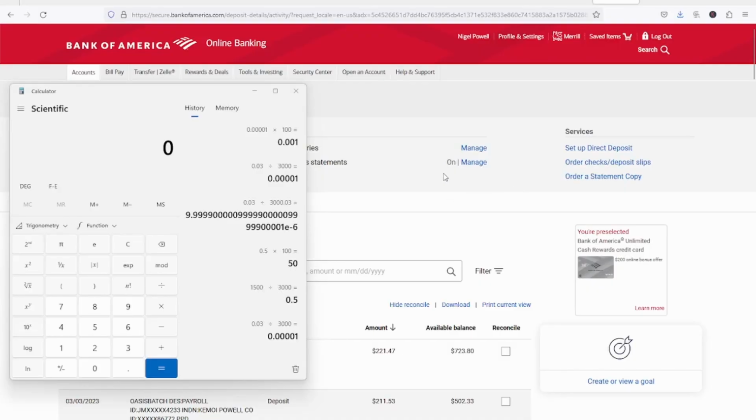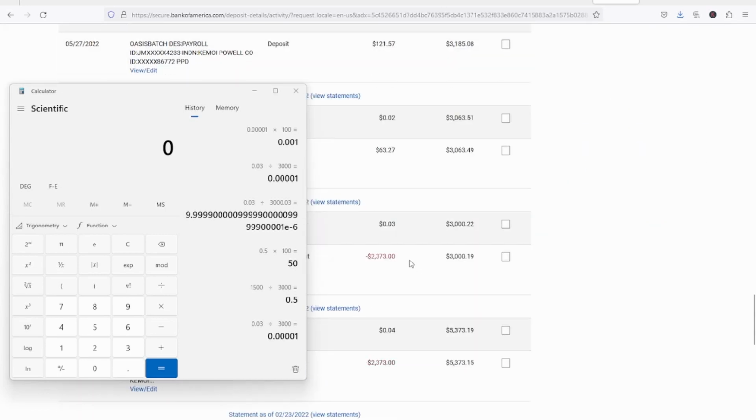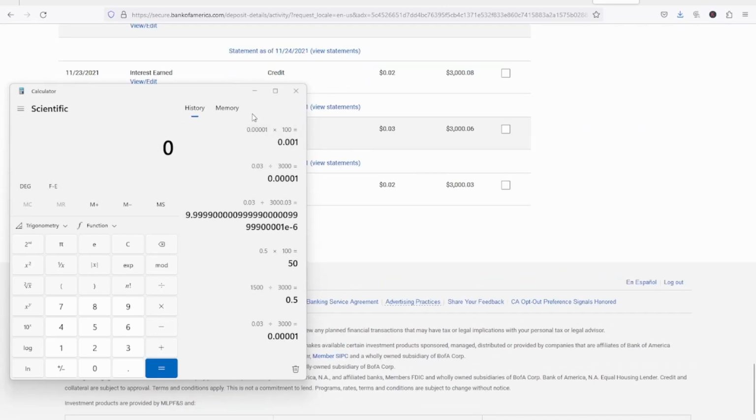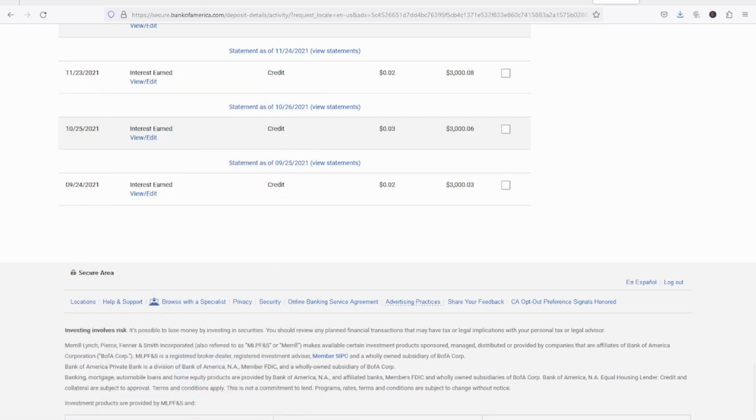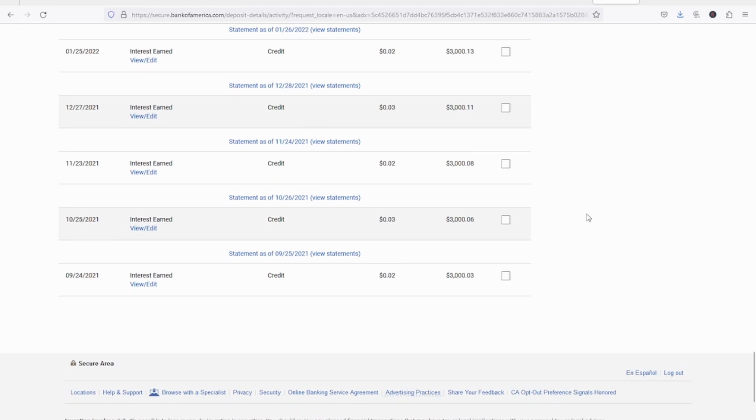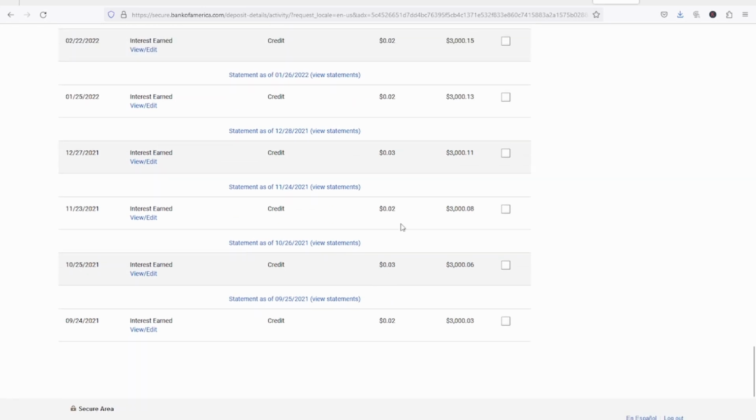So let me put this on my screen. Here is a savings account that I have at Bank of America, and I'm going to scroll down to the point where I started last year. Let me get my calculator out of the way. Probably need it in a few. All right, let me clear it. I opened this account back in September of 2021, and we're looking at a 6-month period here: 1, 2, 3, 4, 5, 6.